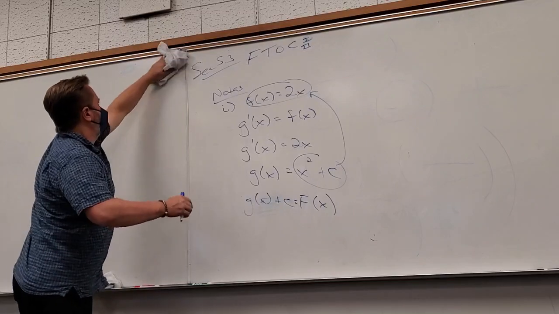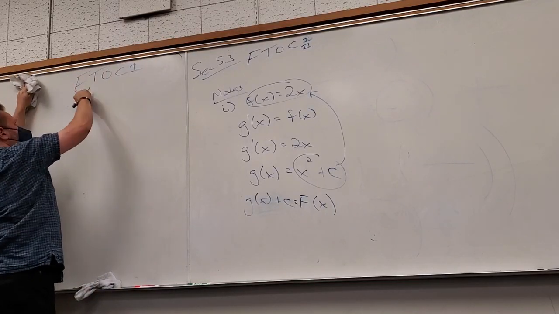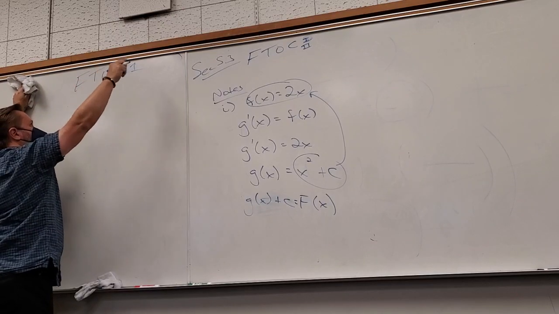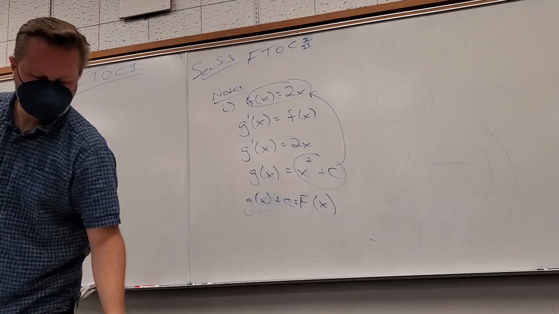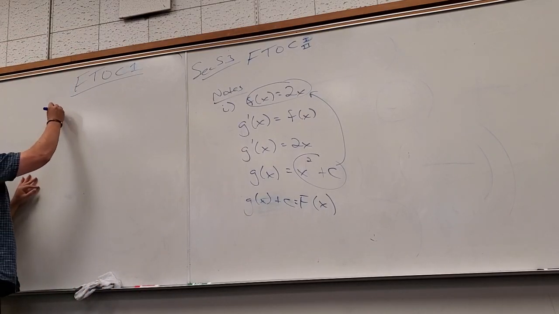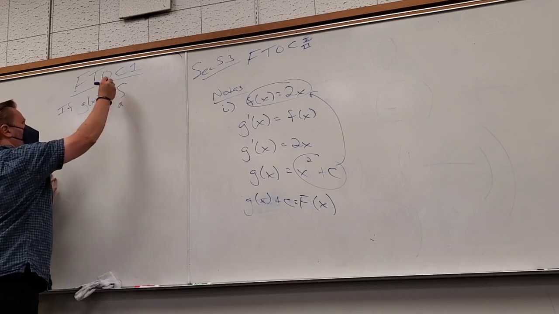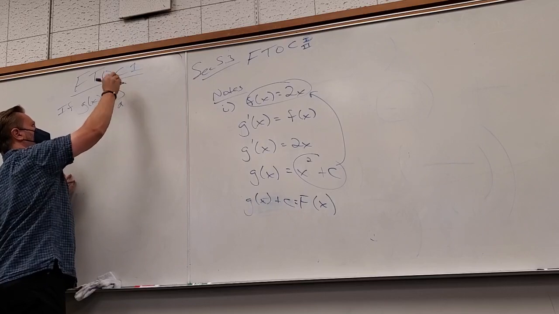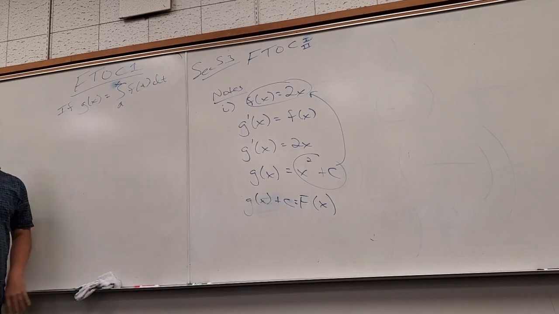So we're going to look at F-Top 1 first. Fundamental Theorem of Calculus, Part 1. So what this focuses on is if I define g of x to be that funky thing that we did before, the weirdest function we've created yet.